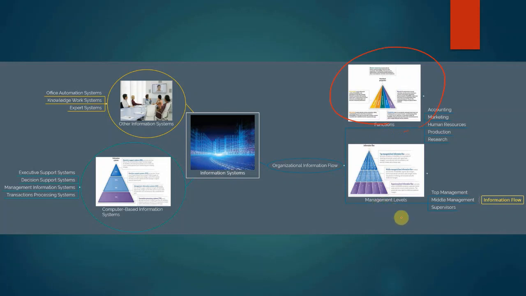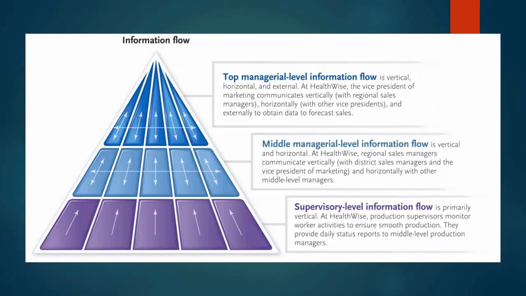All right. So let's look at the actual flow of information in terms of management. Here, at this level, we have what's known as the supervisory level of information flow.